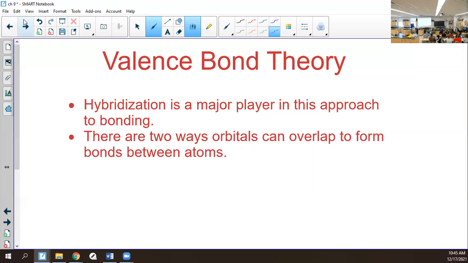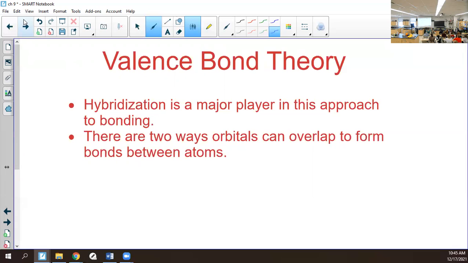Okay, here we go. Valence bond theory. You don't have to know a ton about this. Hybridization is a major player in this approach to bonding. It's still a theory because it's really hard to observe this stuff, but it makes a lot of sense, so we assume it's correct.